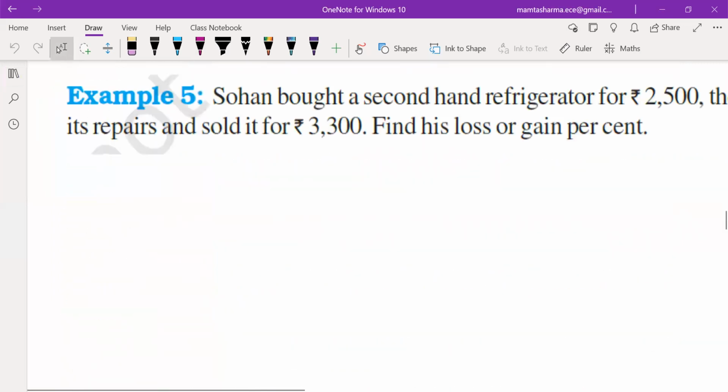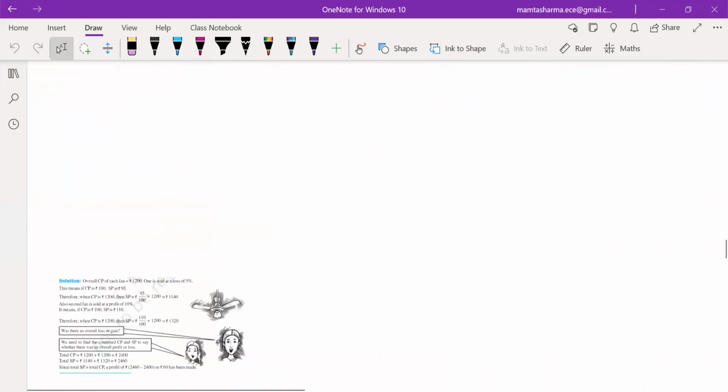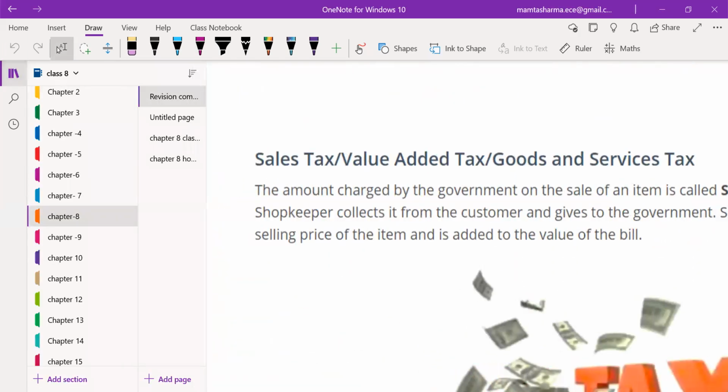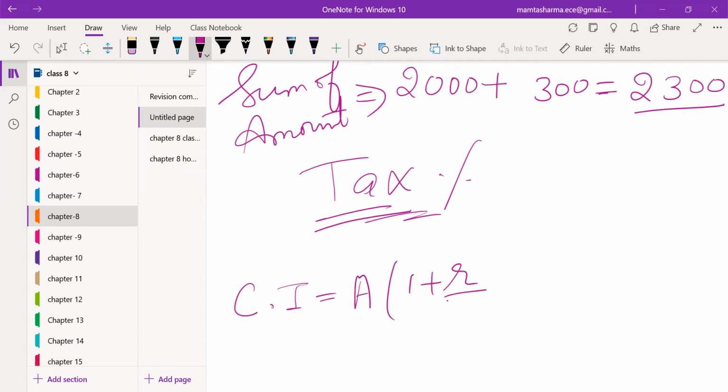Ma'am, it's like A equals P into 1 plus R by 100 to the power N. So for compound interest, A equals P into 1 plus R by 100 raised to power N. N is the number of years, right?